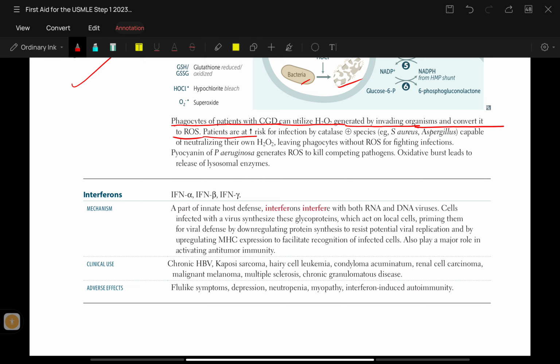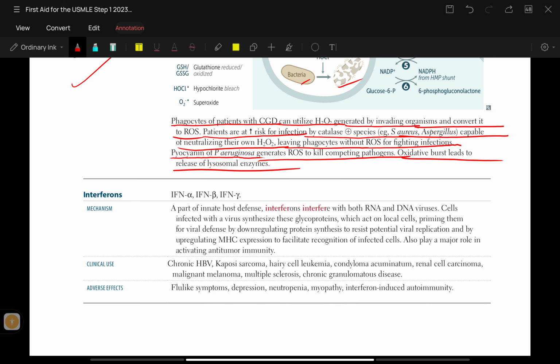Patients are at increased risk for infections by catalase-positive species like S. aureus and Aspergillus, which are capable of neutralizing their own H2O2, leaving phagocytes without ROS for fighting infections. Pyocyanin of P. aeruginosa generates ROS to kill competing pathogens. Oxidative burst leads to release of lysosomal enzymes.